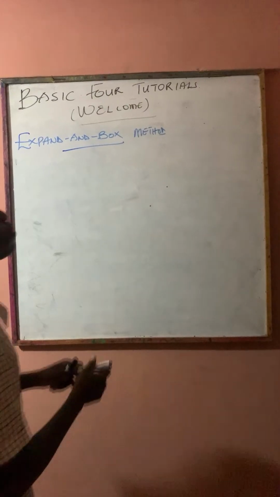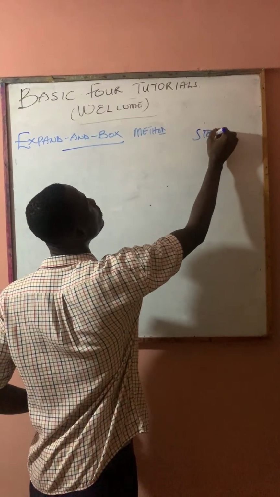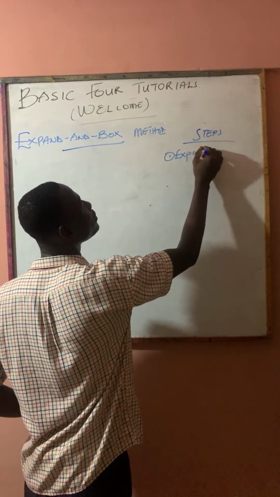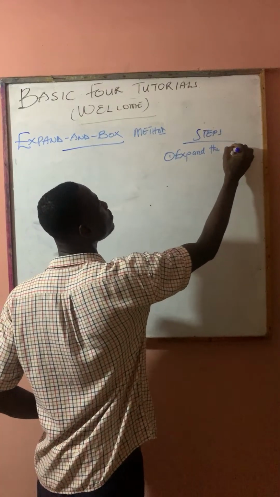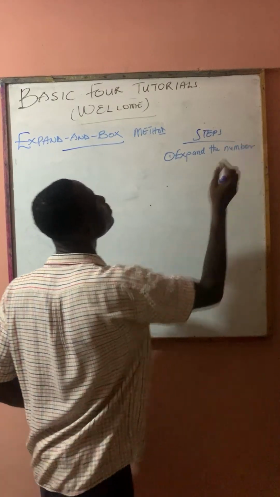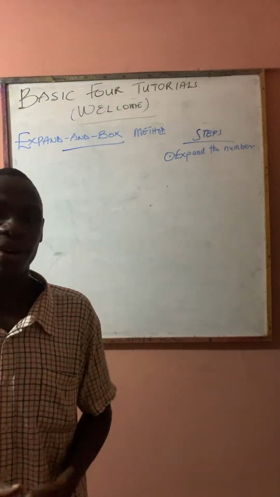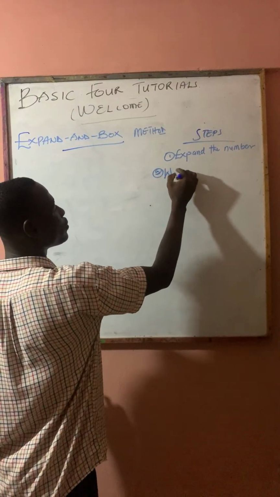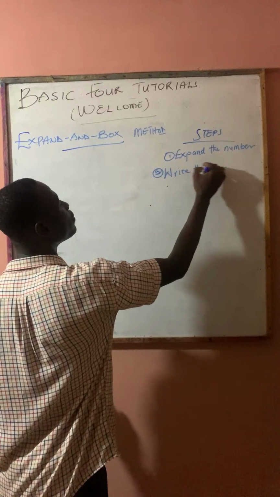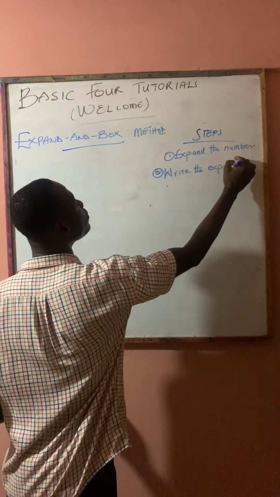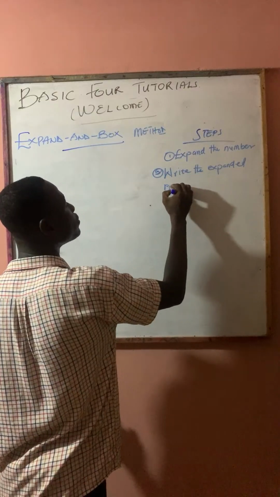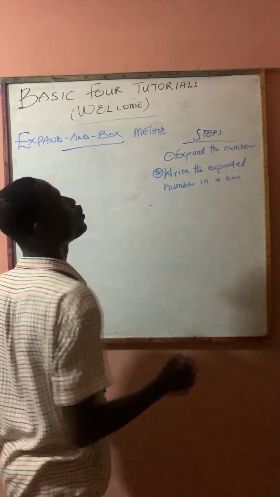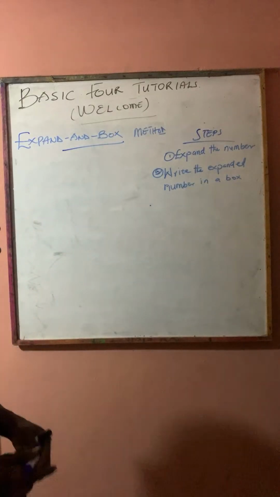Let's take a few steps in expand and box. So number one is to expand the number. The first thing to do is to expand the number, okay? Then next, we write the expanded number in a box, okay?